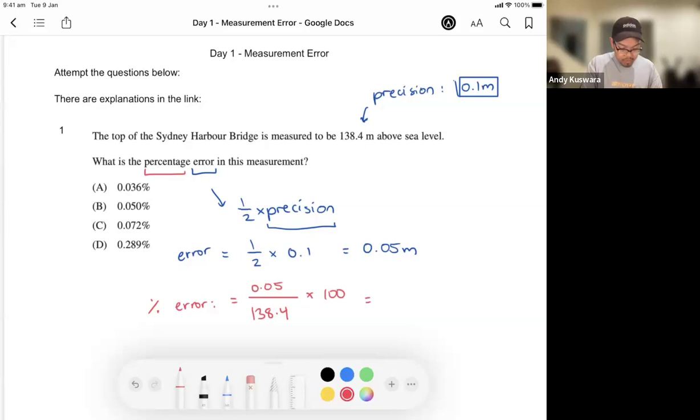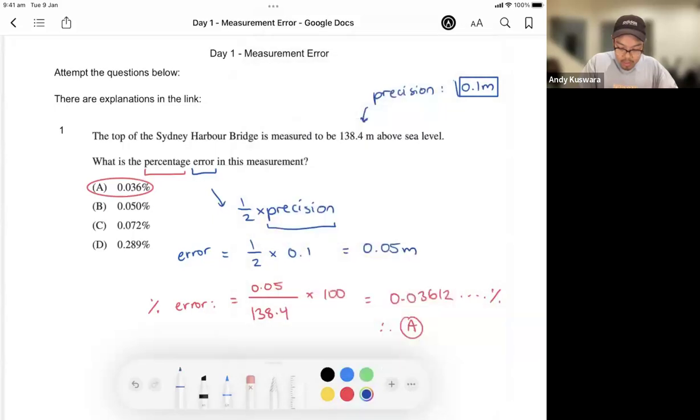And this answer should be 0.03612 dot dot dot. So you can see this one, therefore it must be A. Hopefully that makes some sense, and that is already a percentage because we timesed it by 100.